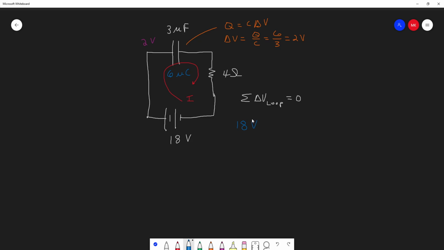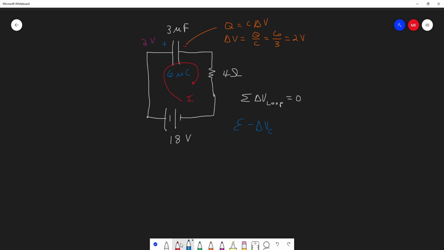EMF. Actually, let me write this out conceptually first. I have my EMF, E. I'm going around. I have this capacitor, right? This capacitor, because of the charge distribution, and let me make that blue because it's positive. I have positive here, negative here. My voltage drop is negative due to passive sign convention, meaning that my voltage drop when I'm adding it will be negative delta V, and I'm going to call it sub C for capacitor.